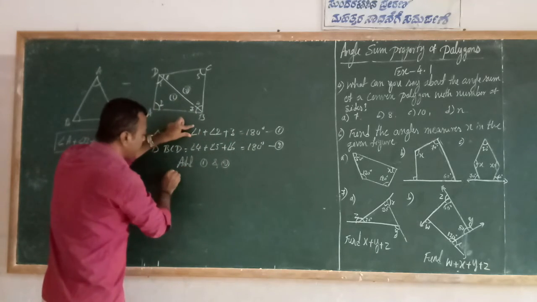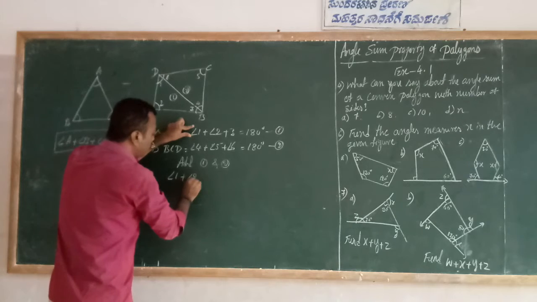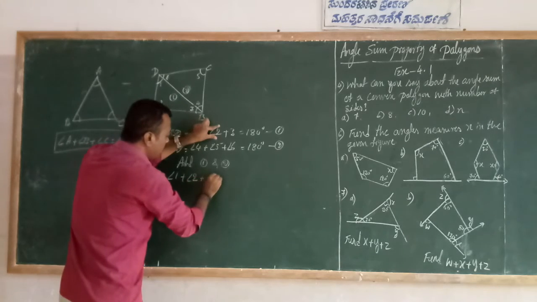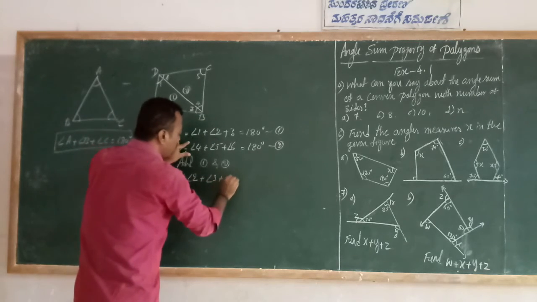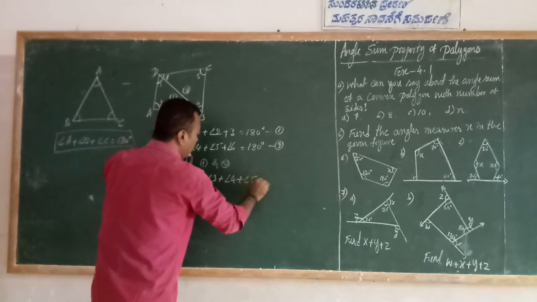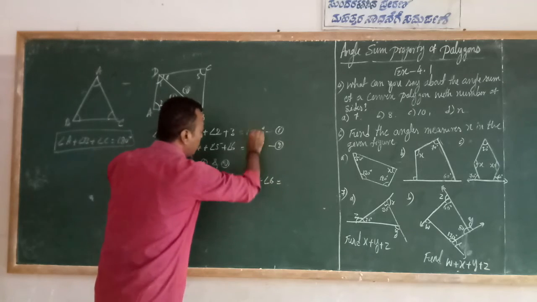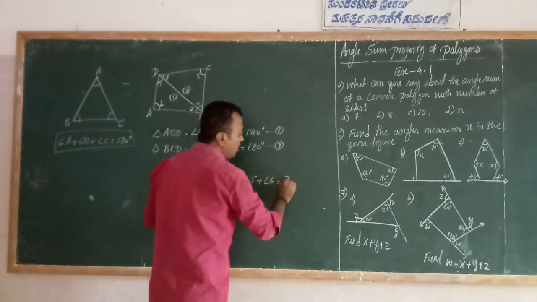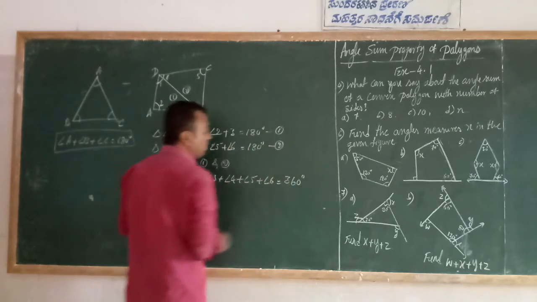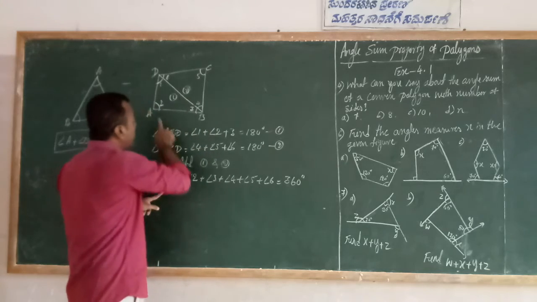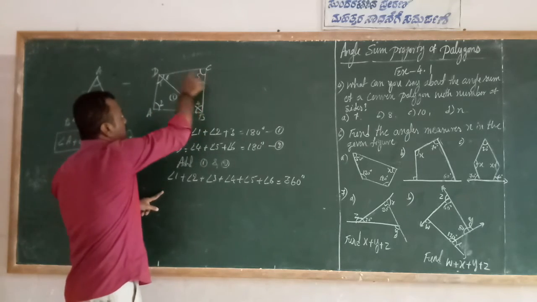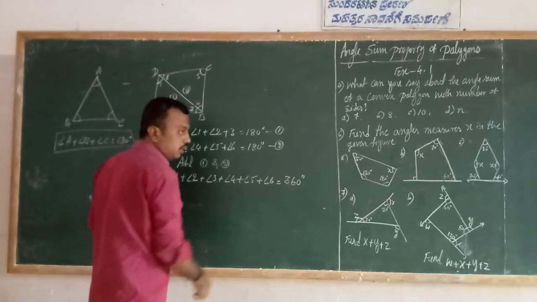First, angle 1 plus angle 2 plus angle 3 plus angle 4 plus angle 5 plus angle 6 is equal to 180 plus 180. How much does it become? 360 degrees. Now it becomes angle A plus angle B plus angle C plus angle D equal to 360 degrees.